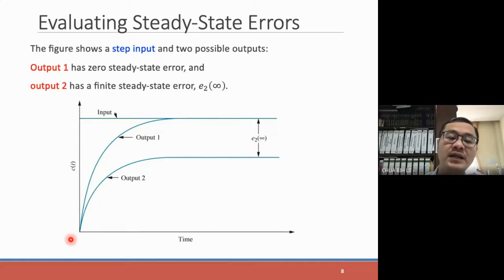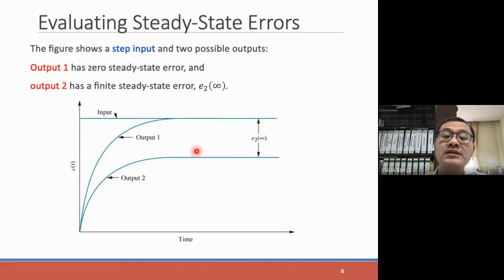We hope that the temperature of the fluid will actually reach 90 degrees when it becomes steady. That is where we have a zero steady state error. So output one has zero steady state error, and there is a possibility that there is a finite steady state error, meaning no matter how long it takes, there is a difference between them, right?